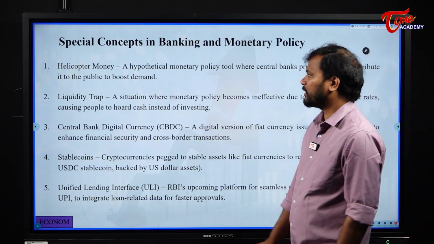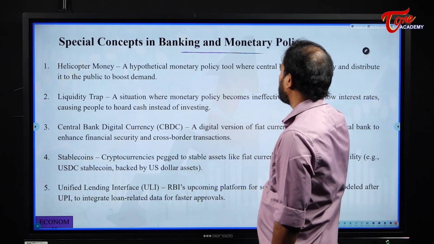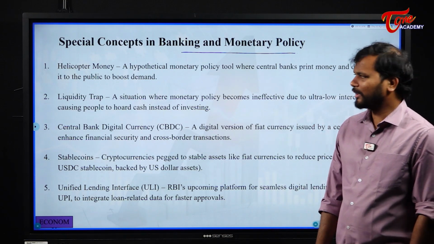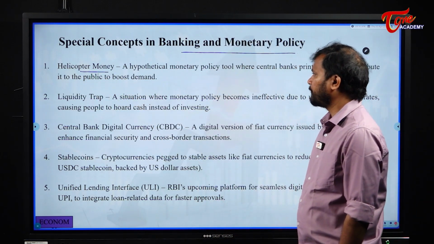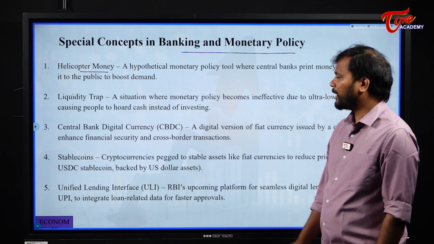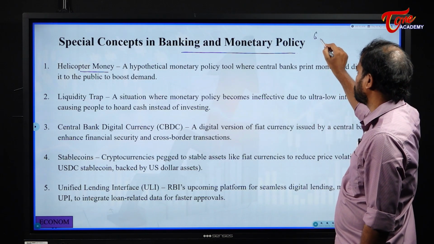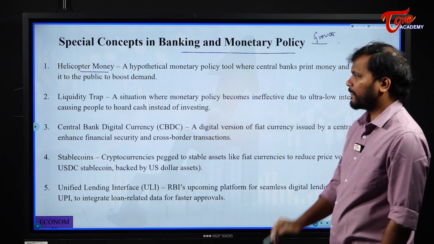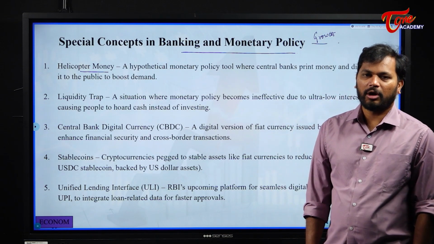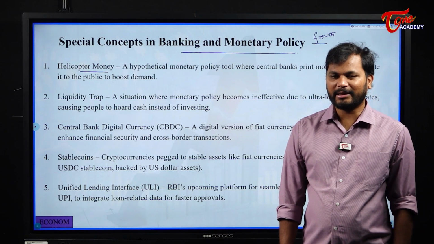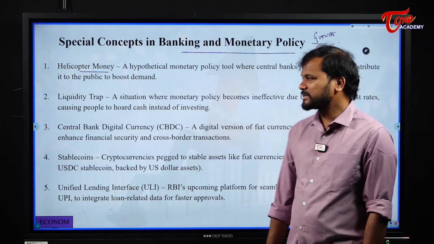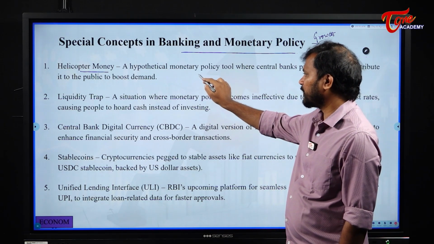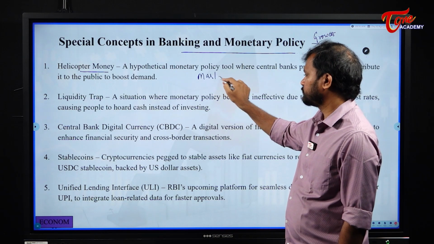Now, special concepts in banking and monetary policy. The first one is helicopter money. Helicopter money is nothing but a way to boost growth. To boost growth or increase the money supply in the market, the RBI prints new currency and injects that new currency in the market.